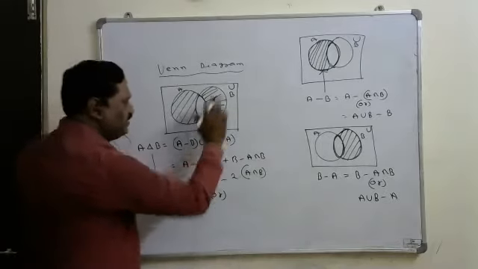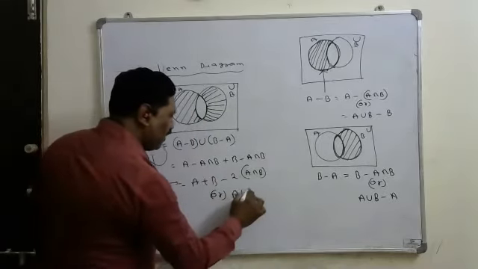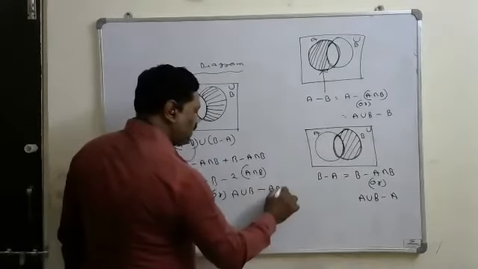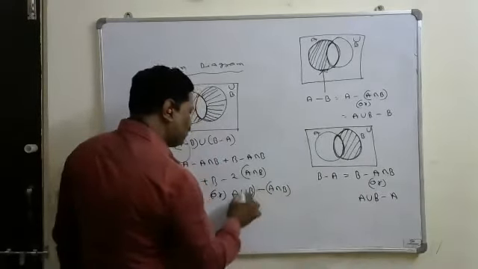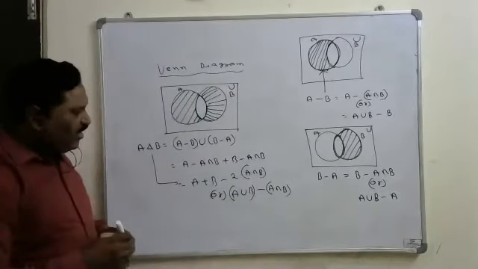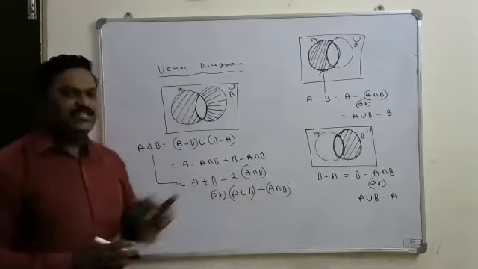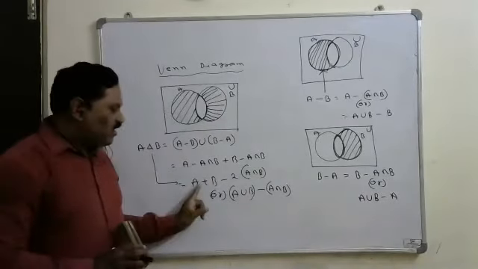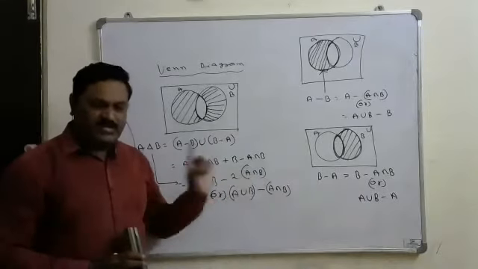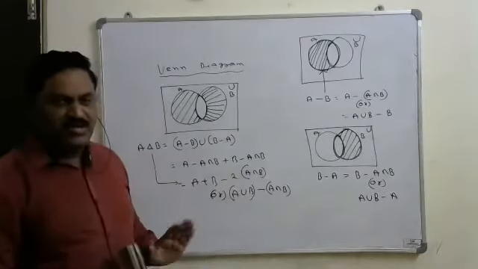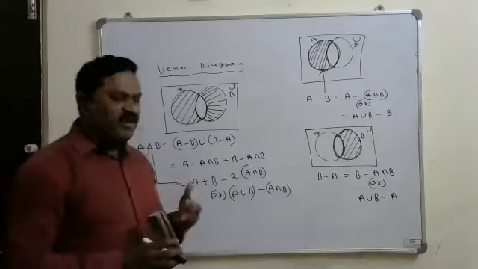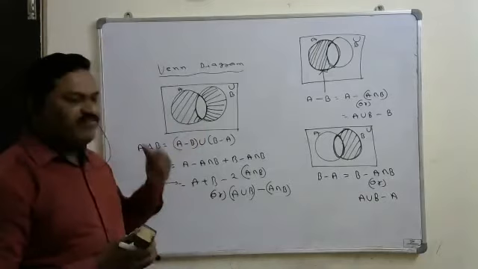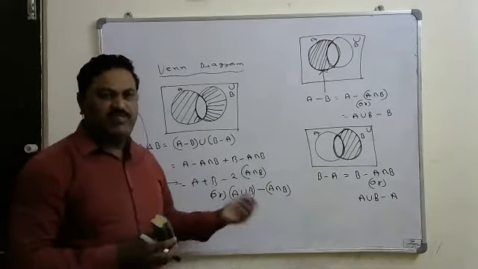This entire area is A union B, minus this common part, which is A intersection B. That's why the symmetric difference can also be written as A union B minus A intersection B, which is also represented by A delta B, or the formula is A plus B minus 2 times A intersection B. Understand? So like that, whenever we require some relation between the sets, by forming the Venn diagram, we can find whatever relation we want.